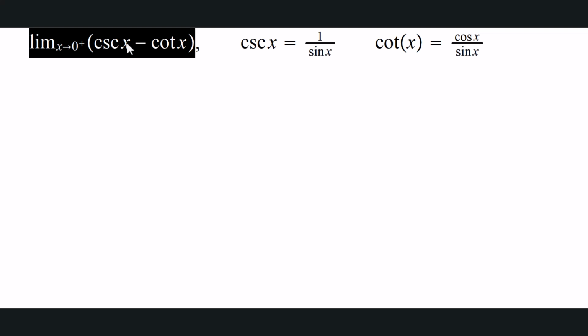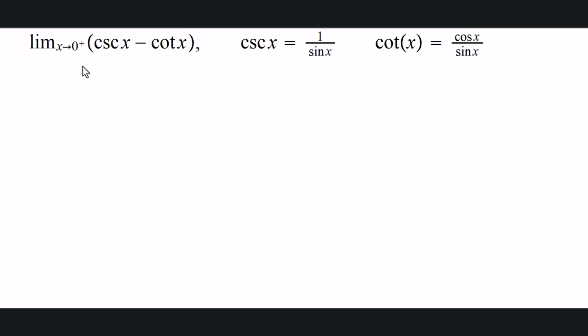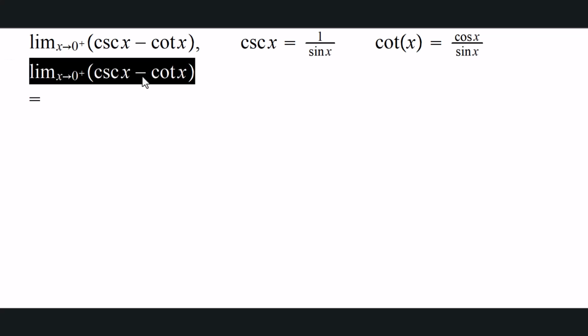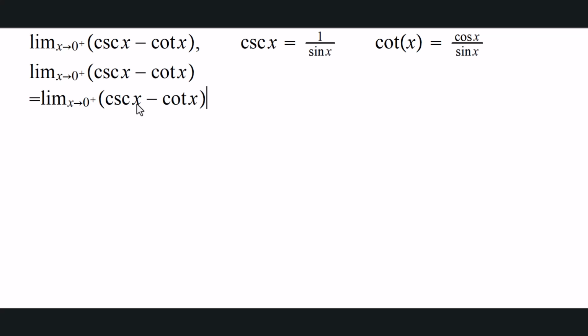So analytically, if we write this here, cosecant is by definition 1 over sine x, and cotangent is cosine x over sine x.